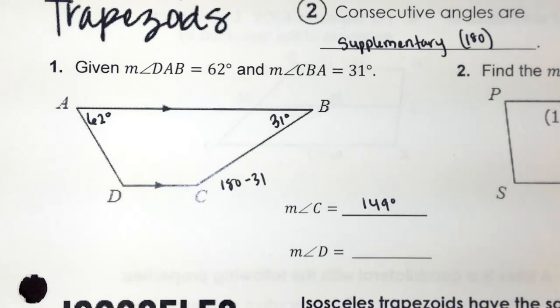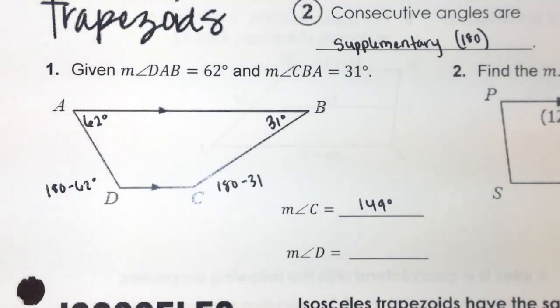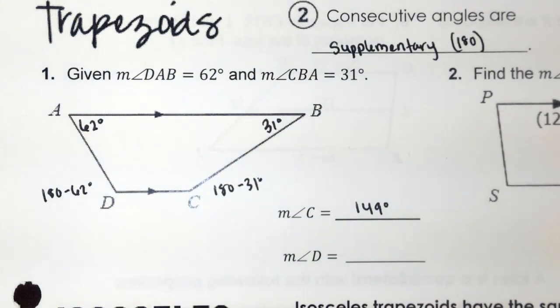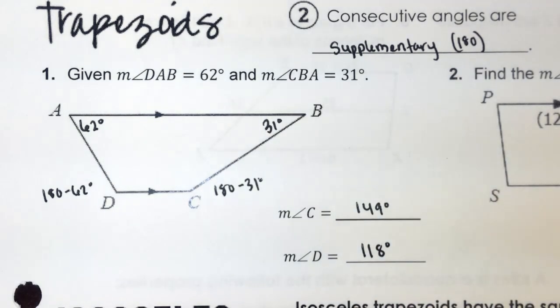On the other side, Kira, how would you find the measure of angle D? 180 minus 62. Yeah, 118. All right.